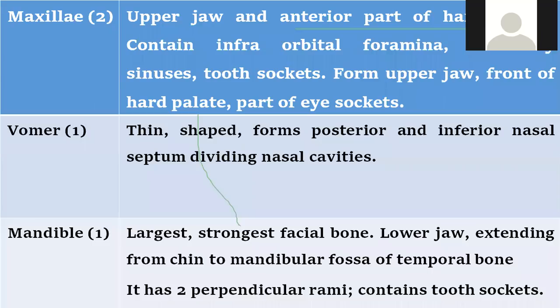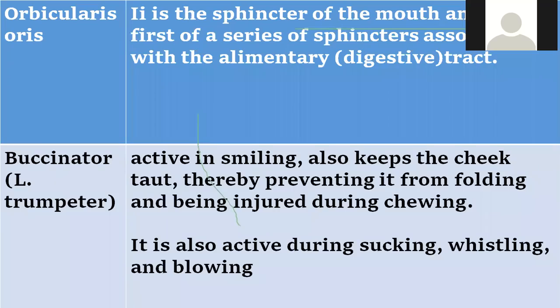So the orbicularis oculi muscle closes the eyelid and assists the flow of lacrimal fluid. It is in 3 parts. The first part is the palpebral part. So the function of this part is it gently closes the eyelids, while the lacrimal part aids drainage of tears, that is the lacrimal fluid.